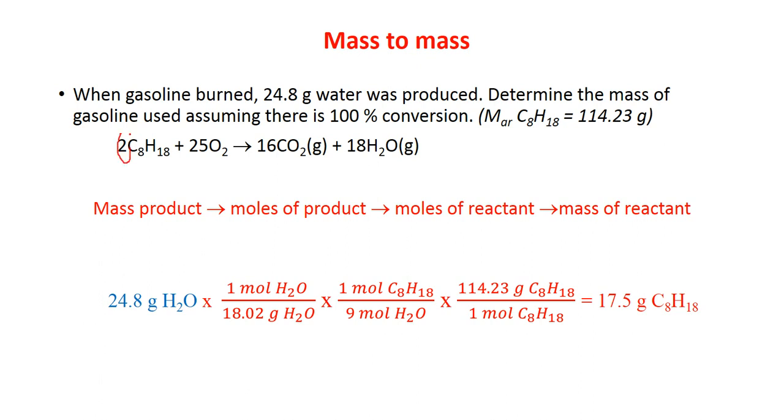These coefficients are important because they help us to determine the numbers that we put when we are changing from mole of one substance to the mole of another substance. So this is the only place that they are needed when changing from moles of one substance to moles of another substance, because we use the ratios of the 2 species.